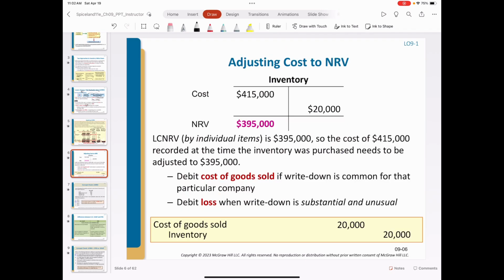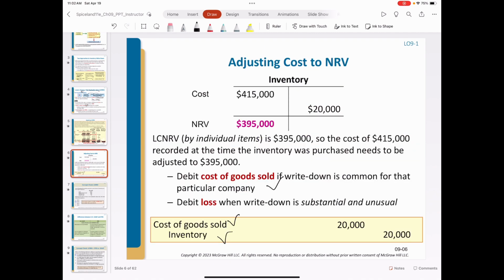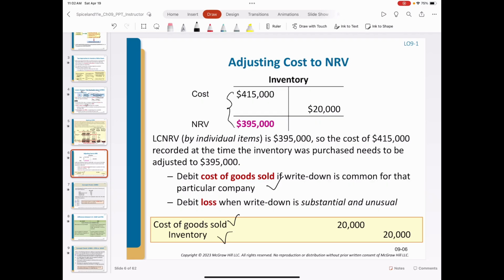For a smaller amount, we usually debit cost of goods sold because this is a write-down of inventory, and then we also credit inventory. And we assume we're using the individual item level, so the amount to be written down was the difference between cost and NRV by individual level, 395,000.